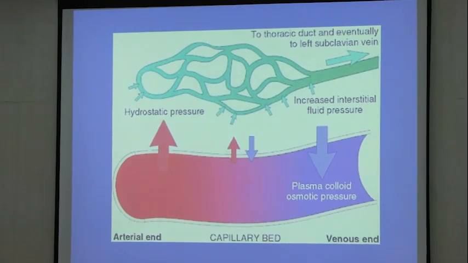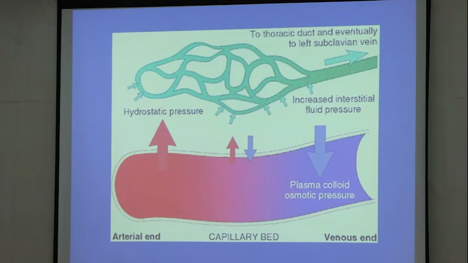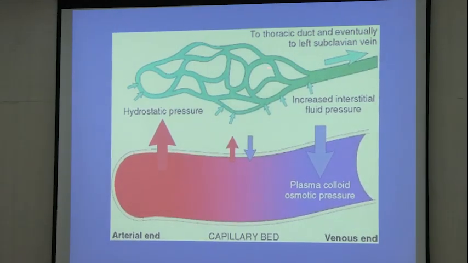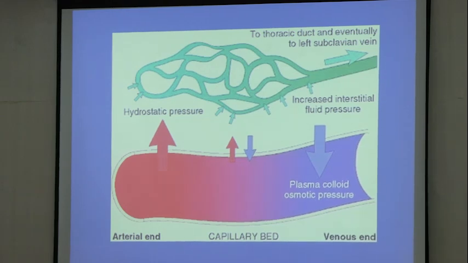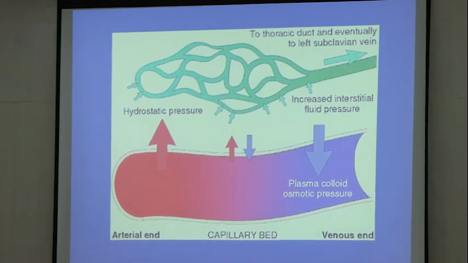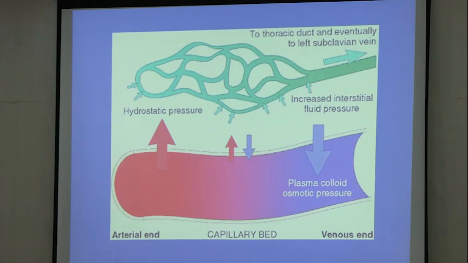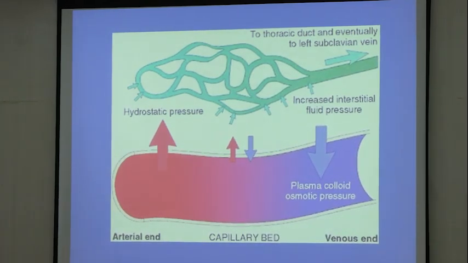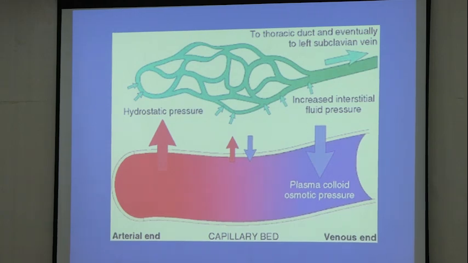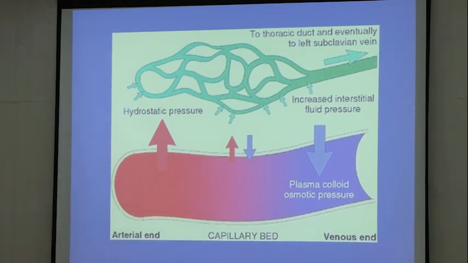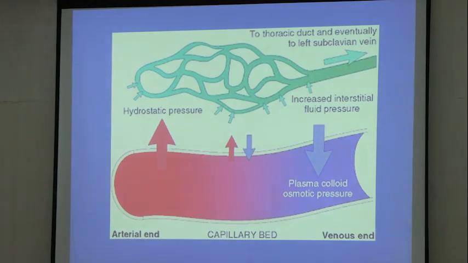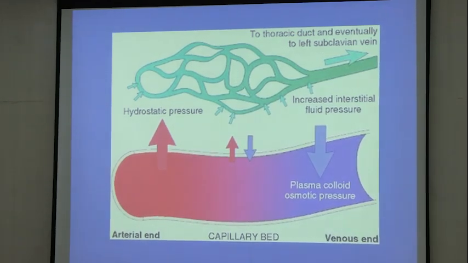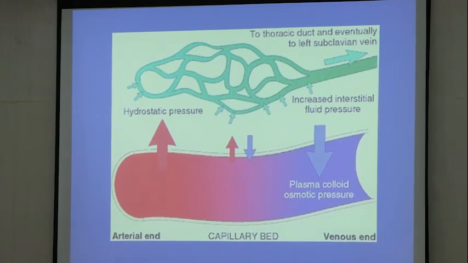These are lymphatic channels. Normally they will collect this fluid and through their vessels drain it into the subclavian vein. So this extra fluid comes back to your circulation. As a result, no fluid accumulation is there.